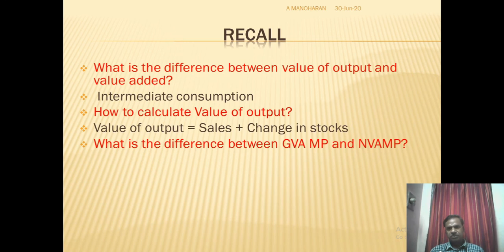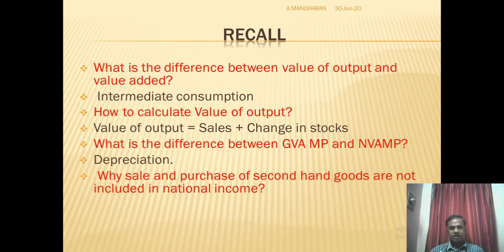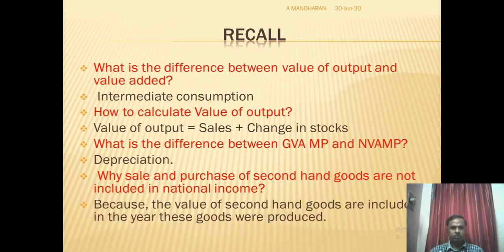What is the difference between gross value added at market price and net value added at market price? The answer is depreciation. Then, why are sale and purchase of second-hand goods not included in national income? Because the value of these goods is already included in the year these goods were produced.